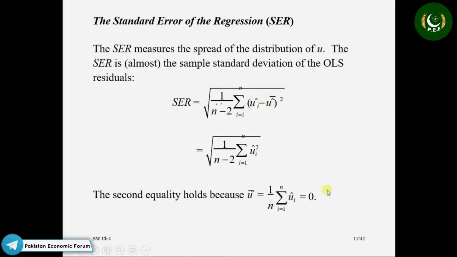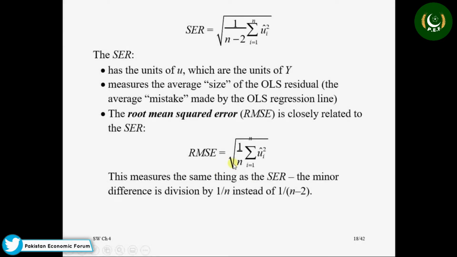So your standard error of regression will be the sum of ui hat squared divided by n minus 2. N minus 2 is because we divide by the degrees of freedom. Here you have beta naught and beta 1, two parameters estimated from the sample, so two degrees of freedom are lost. We divide by n minus 2.